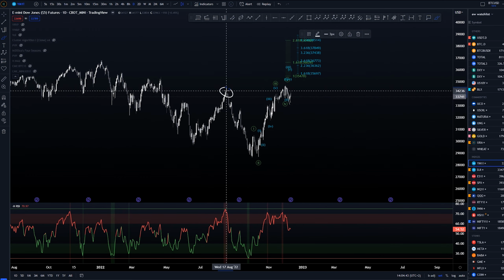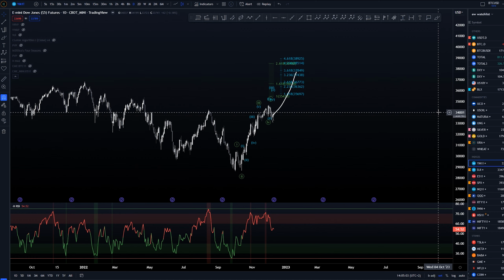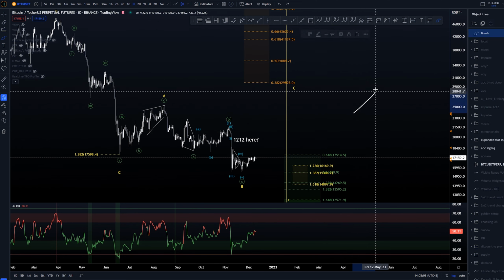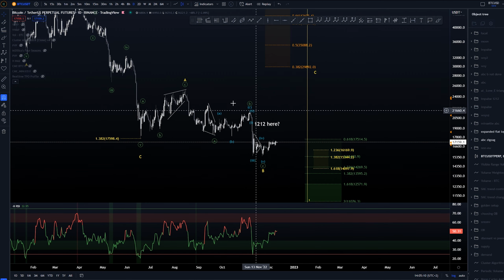While S&P 500 is here in comparison to Dow, where it would be around here, I don't really see it as too realistic to be expecting something like that to be happening. But of course, that might be the case, but not my preference at the moment.